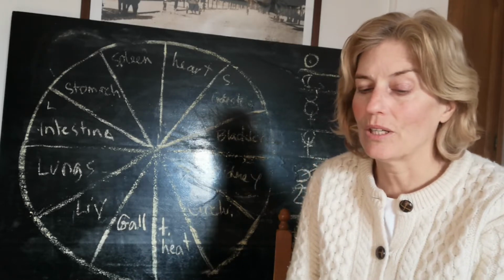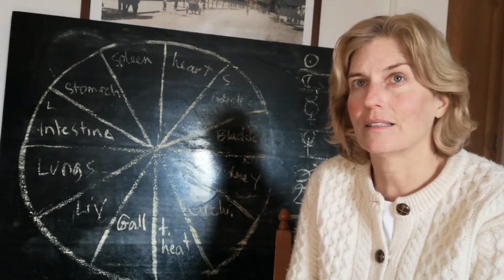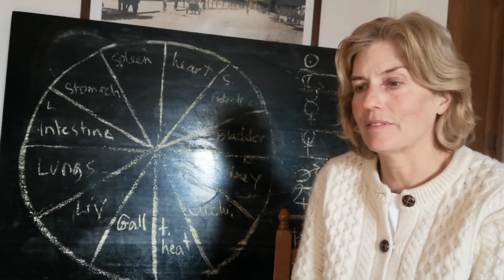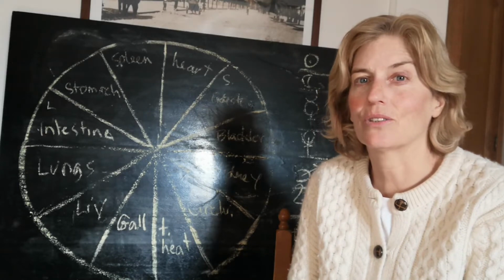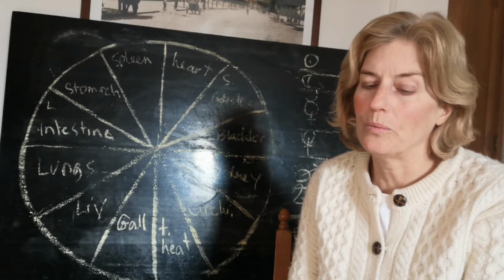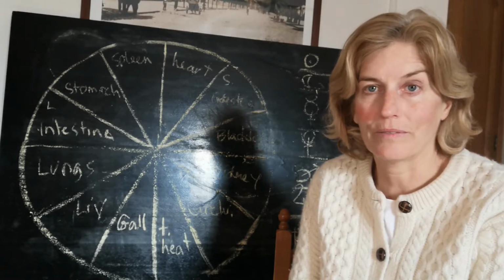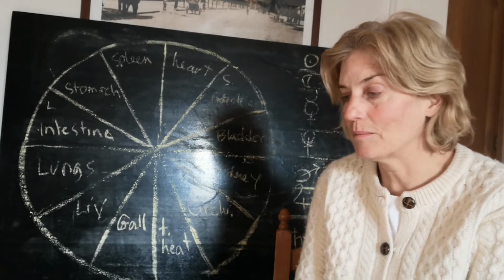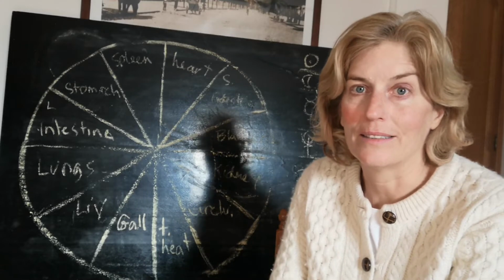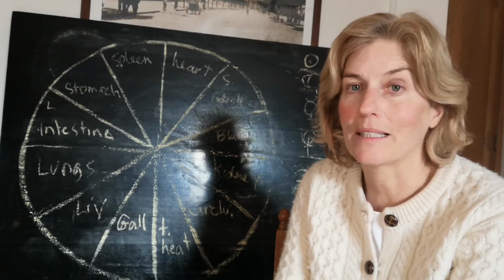And we're going to start with the medicine wheel. There's a variety of medicine wheels out there, and they come from all sorts of different cultures and all sorts of different teachings. And the one we are going to use right now is the one from traditional Chinese medicine, because Chinese medicine is over 5,000 years old, and it has been widely practiced and widely researched.